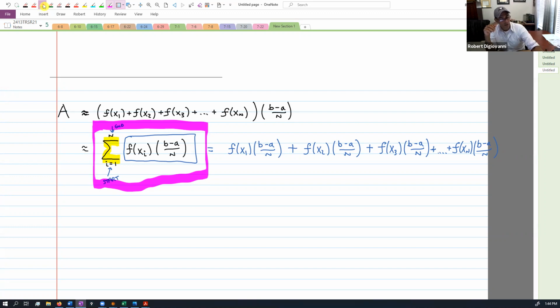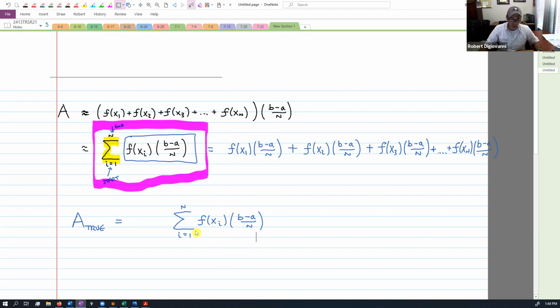Now, the true area, very important, I'm talking about the real area, not the approximate area. The true area is equal to that same summation with one little difference.